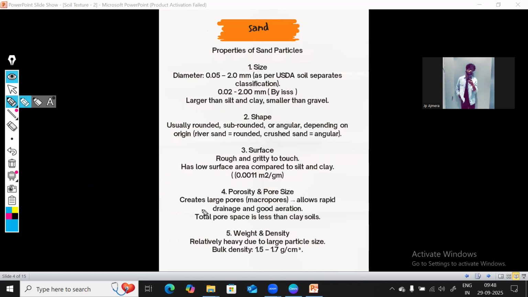Again, porosity and pore size we study, creating larger pores and micropores.